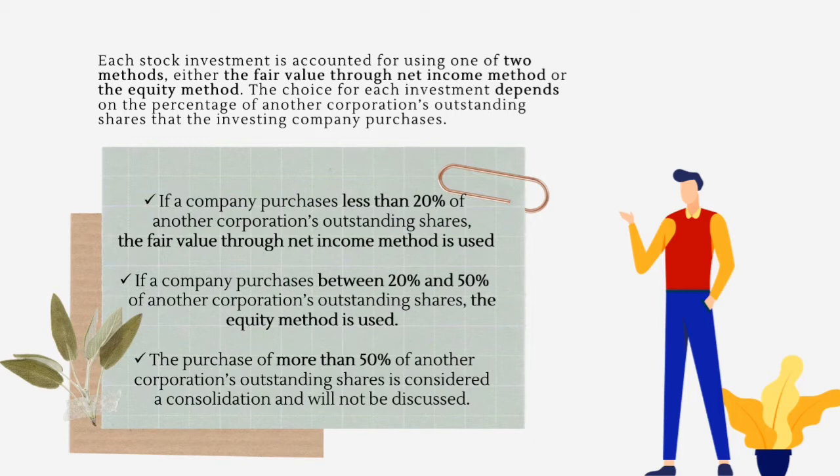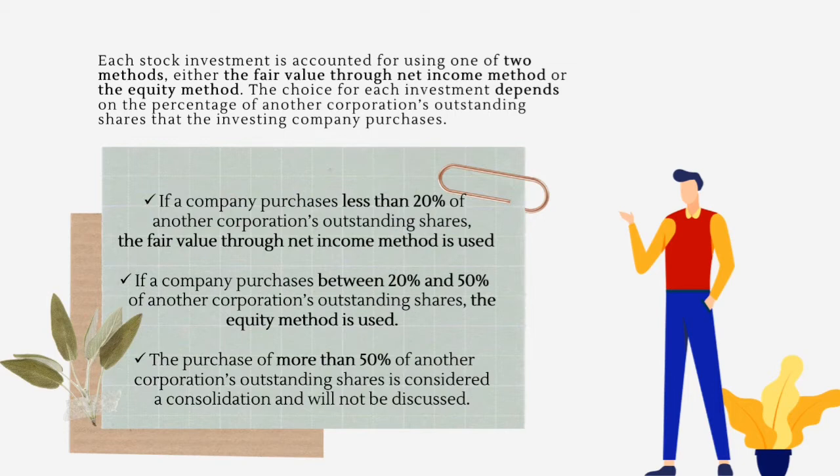That is 1,000 of 100,000. If a company purchases between 20% and 50% of another corporation's outstanding shares, the equity method is used. Investors who own between 20% and 50% of the outstanding shares are considered to have significant influence over the company they are investing in.